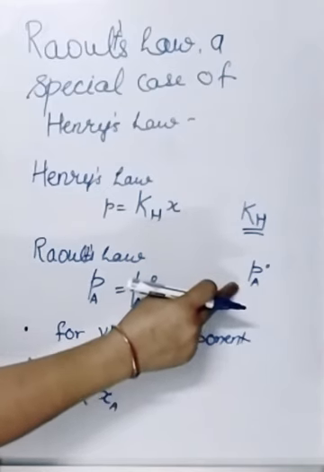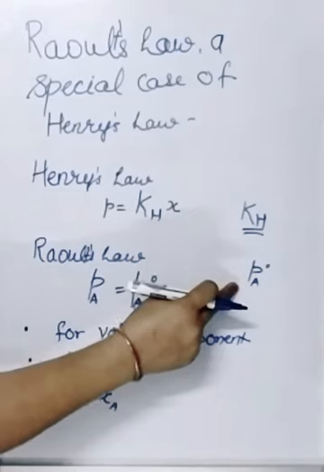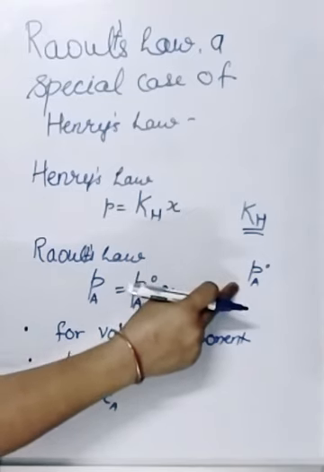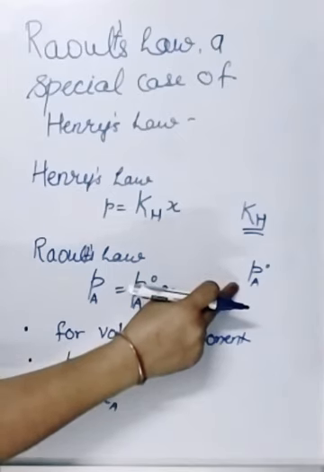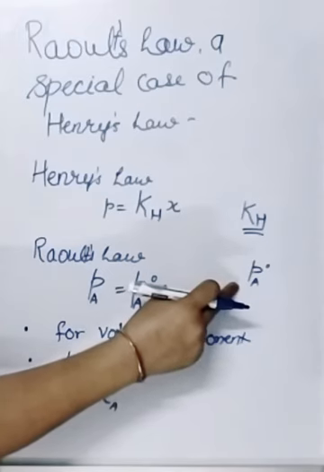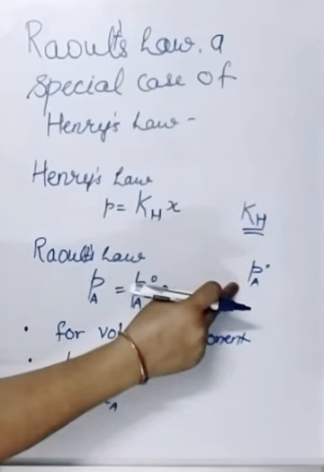So we will see PA0 become equal to KH even in the liquid solution. So we'll see one of the components obeys Henry's law over a range of mole fraction. In the solution in which solute behaves ideally, we'll find that the solvent also behaves ideally.